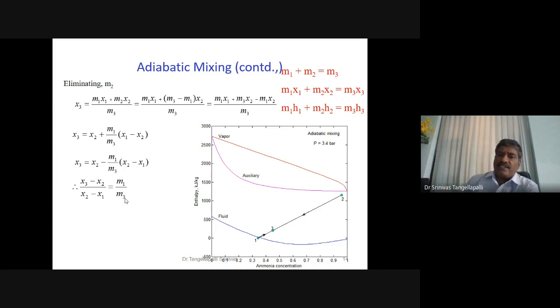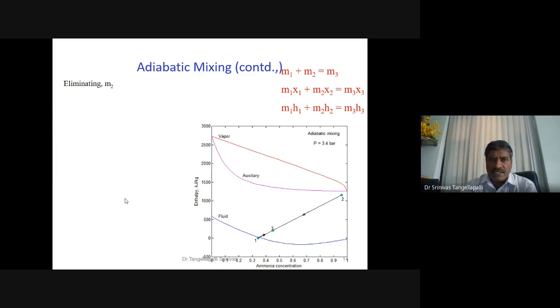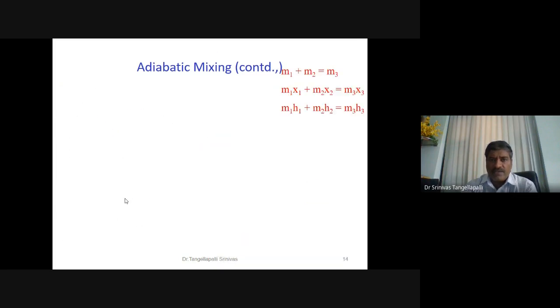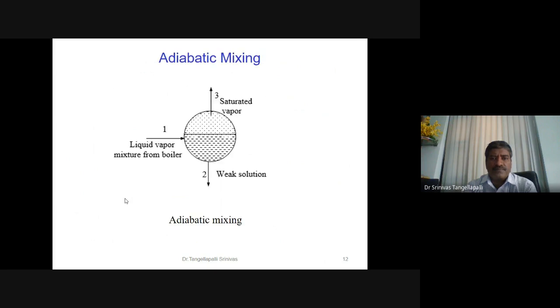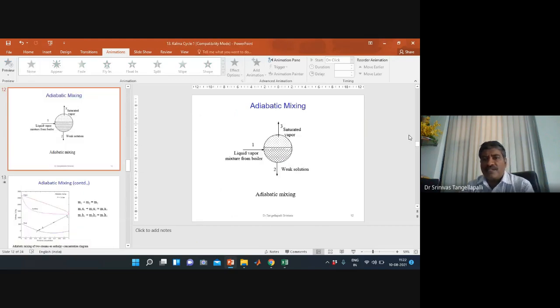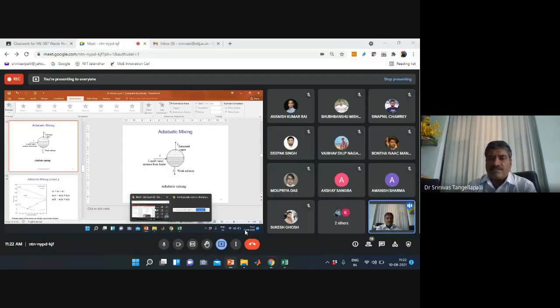This is also following the lever rule. I will explain after these corrections because I had to update the drawing. I had reversed this one; this is showing a separation. After doing this correction, tomorrow I will continue this mixing process as well as the heat transfer process.